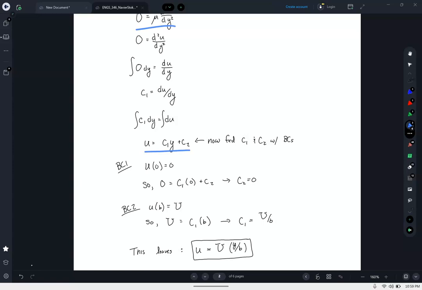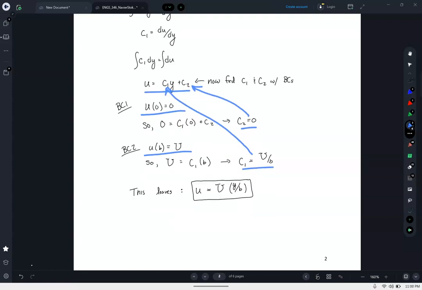We then get our boundary conditions involved, boundary condition 1 and boundary condition 2, and these are what describe our two constants, C1 and C2. These constants get plugged back into our original linear function, and this leaves us with the described flow profile.